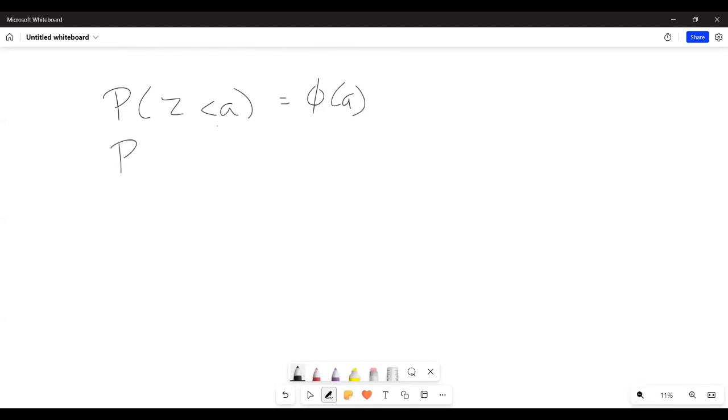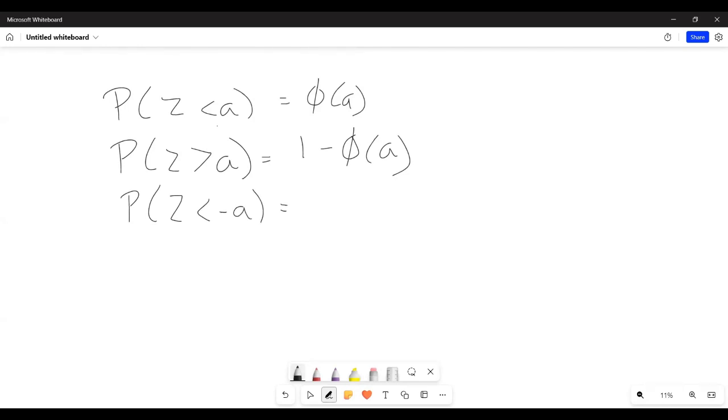For probability Z is greater than A, it's actually 1 minus phi A. Probability Z is less than minus A is also 1 minus phi A. We've seen all these examples earlier.